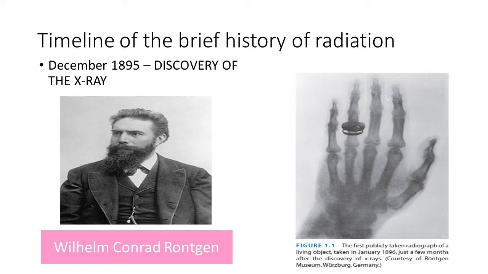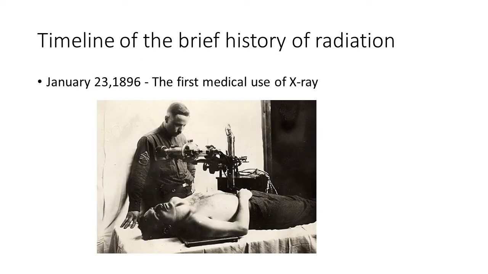In December 1895, William Conrad Roentgen discovered the X-ray. In the picture on the right side, it's one of the first X-rays ever performed, and that's his wife's hand, as you can see here. In 1896, the first medical use of X-ray was performed.